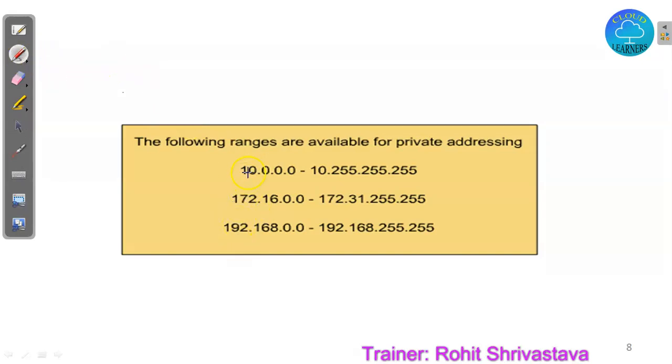These are the private IP ranges that we don't need to purchase, because if we want to use any kind of public IP, then we need to purchase that, right? But these are the IP addresses that we can use privately. Most of the time we see the 192.168 range IP address in our organizations. I hope you are clear with this, so do remember the ranges that belong to the private IP address range.